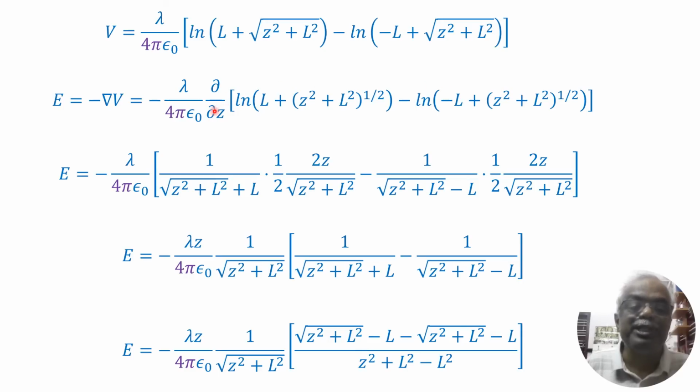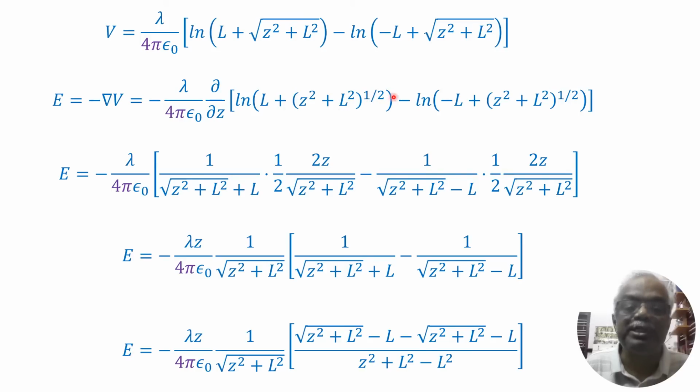Now, if you differentiate the natural logarithm of x, you will get 1 over x. So I have taken 1 over this term, the square root of z squared plus L squared plus L. Again you differentiate, because here it contains z squared, so you differentiate with respect to z.